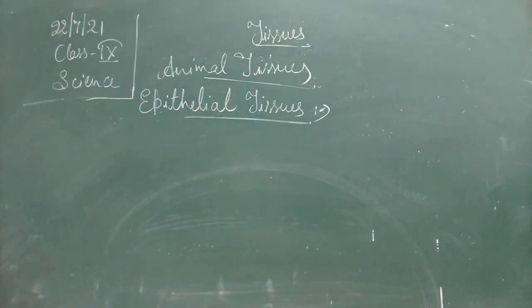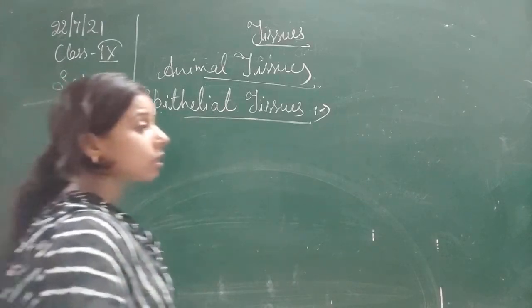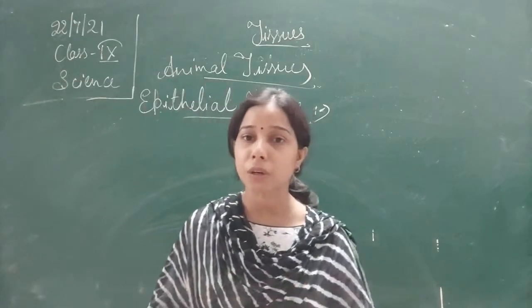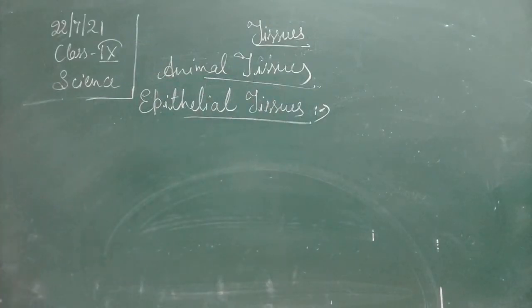Epithelial tissue. What is the epithelial tissue? This is the tissue which is present at the external surface of the person. Okay, external surface.